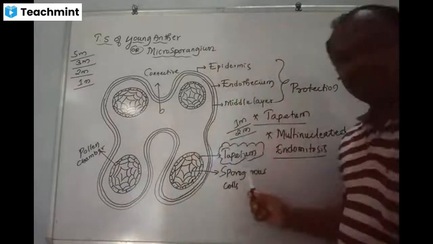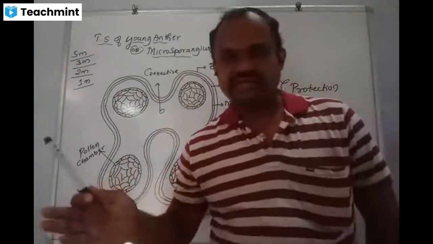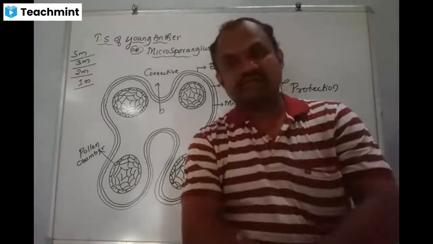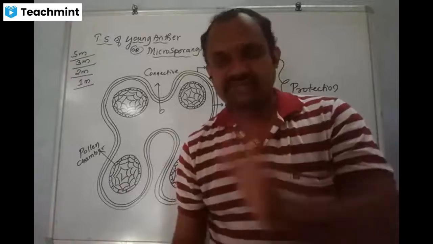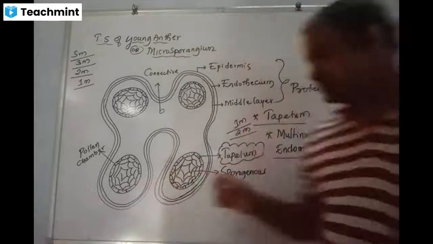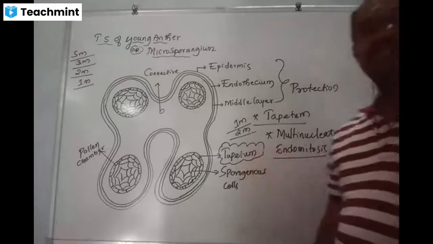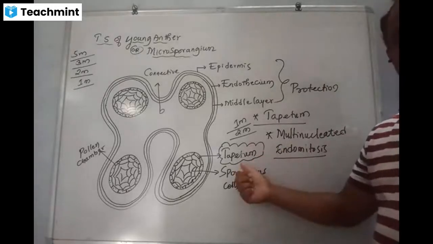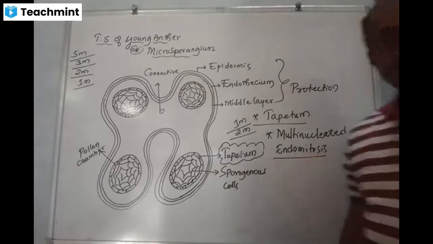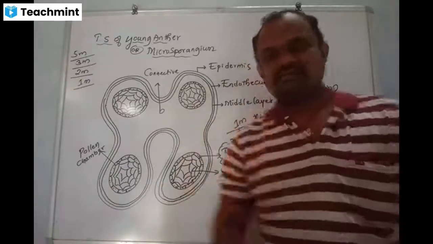But here, when the tapetum cell is formed, karyokinesis divides on its own and cytokinesis is not followed. Hence more than 2 nuclei accumulate in a cell. So the tapetum cells are called multinucleated cells because they undergo endomitosis, that is, karyokinesis is not followed by cytokinesis.